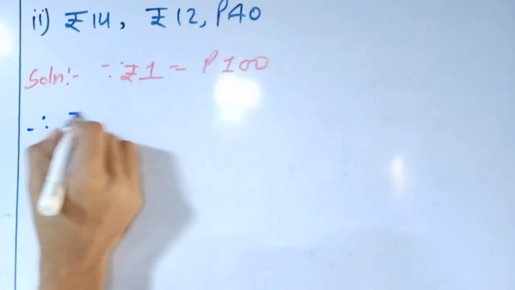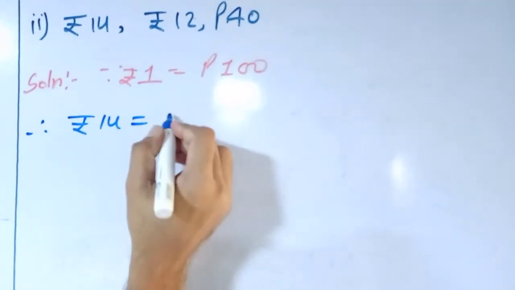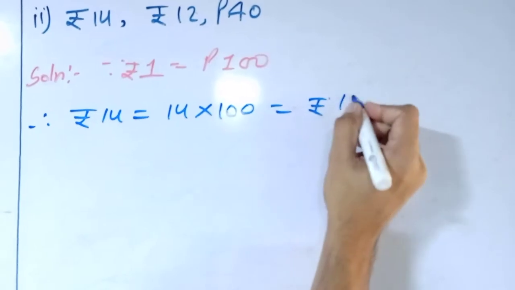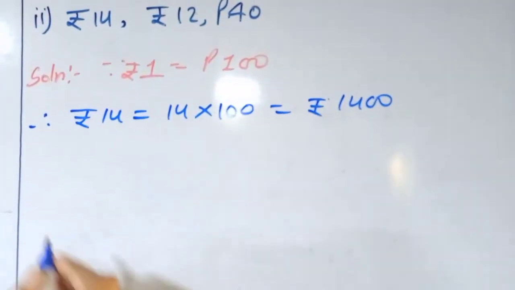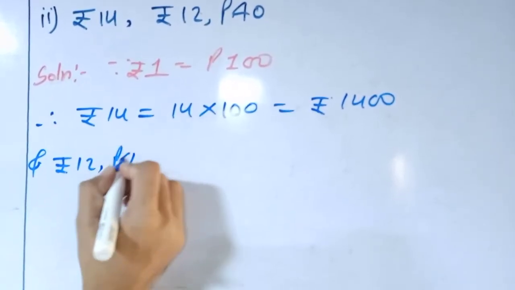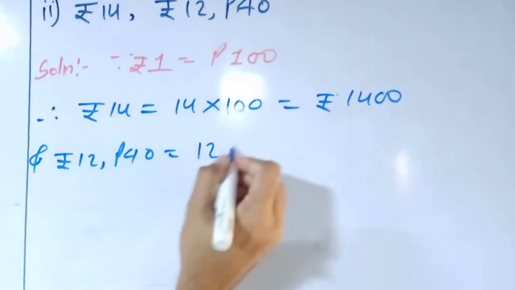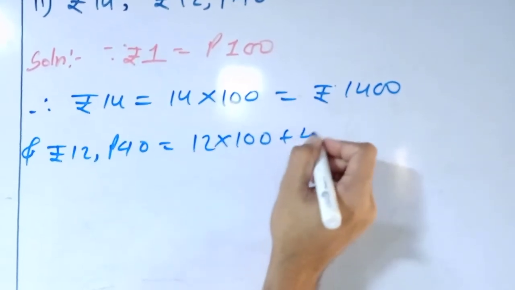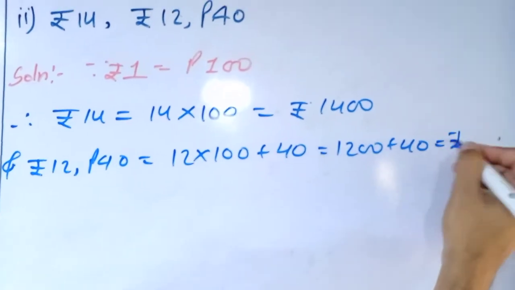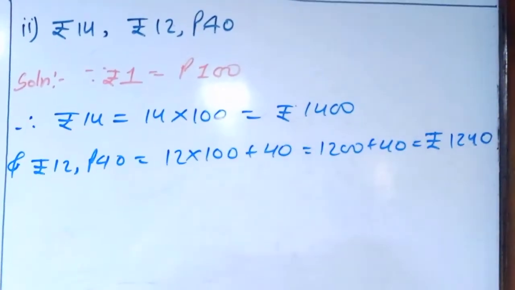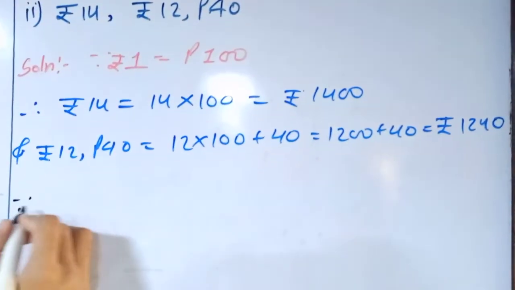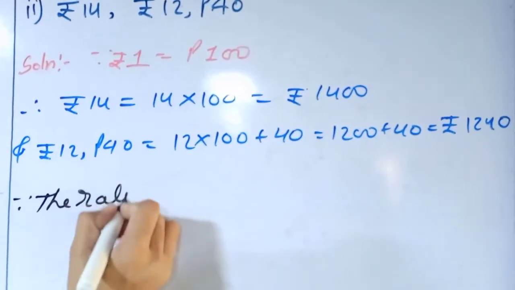Therefore, rupees 14 is equal to 14 into 100, which is equal to 1400 paise, and rupees 12 paise 40 is equal to 12 into 100 plus 40, which is 1200 plus 40, equal to 1240 paise.